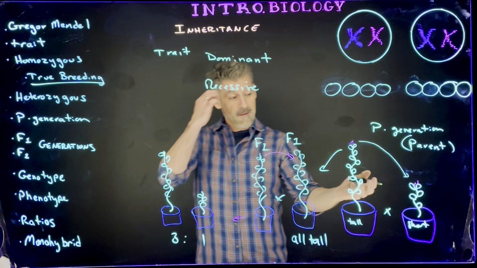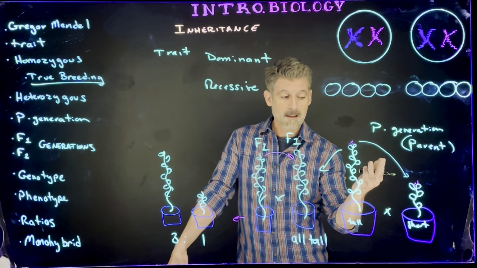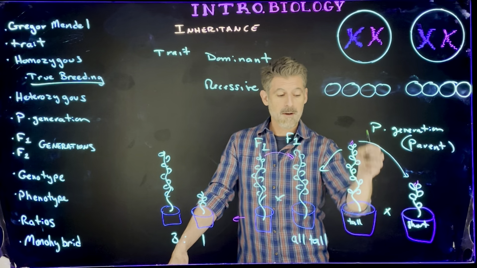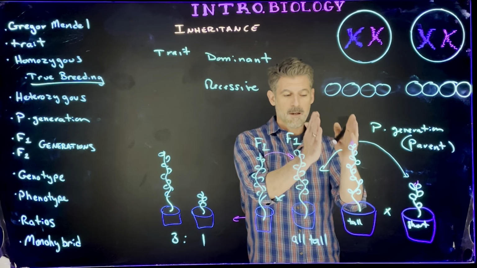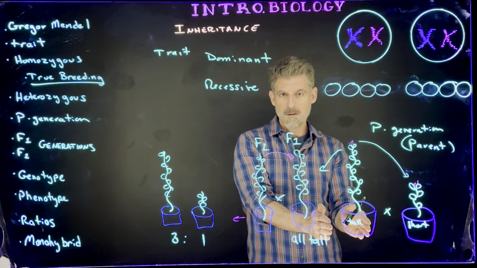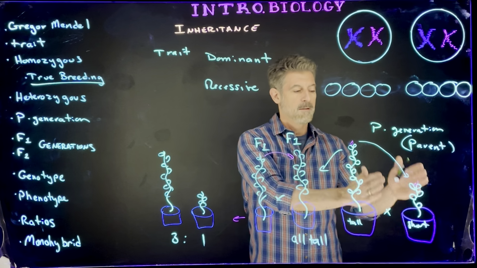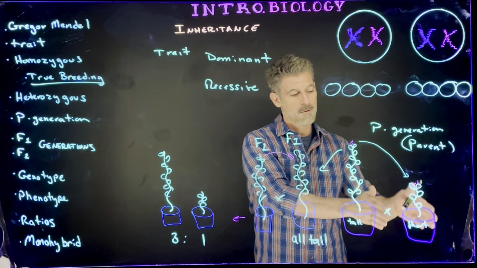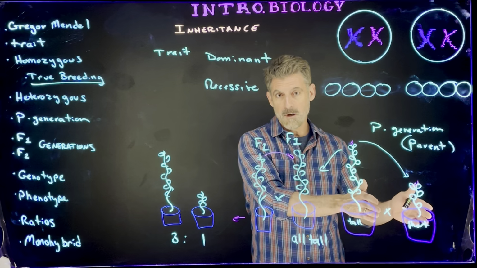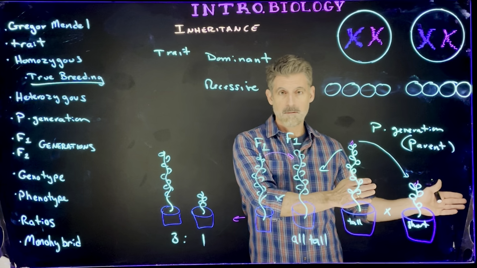Dominant is if I have the two different traits in the parent generation, and the parent generation is true breeding. That means talls with other talls in this generation only have talls. And again and again, tall, tall, tall. Shorts, if I mate them with other short plants, they have short offspring, short, short, short. That's all that there is.